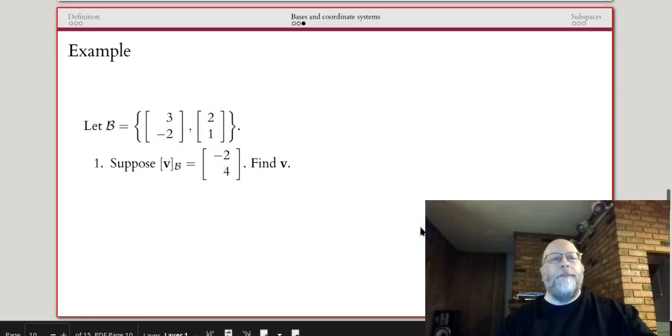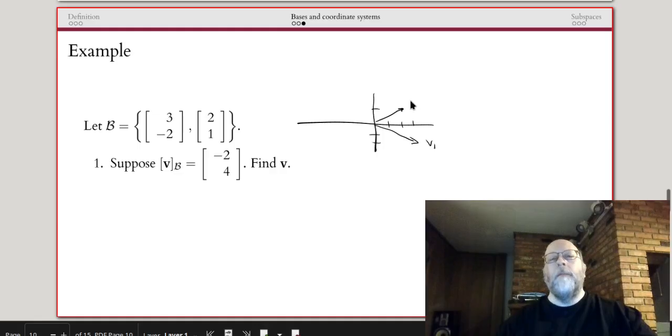Let's try another example. This time my basis is 3, -2 for my first vector and 2, 1 for my second vector. So my first vector is 3, -2. And my second vector is 2, 1. And in problem 1, we said that in this alternate coordinate system, not our standard coordinate system, my vector is -2, 4.